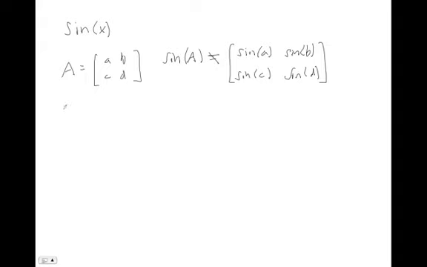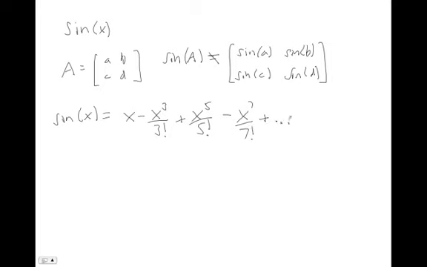Well, sine is solved by going back to a Taylor series approximation for sine of x. So sine of x, if you remember, looks like x minus x cubed over 3 factorial plus x to the 5th over 5 factorial minus x to the 7th over 7 factorial, and this goes on to infinity, where you're alternating like this.